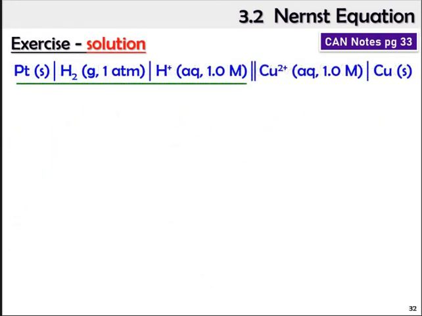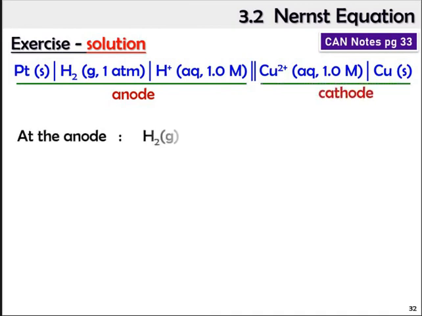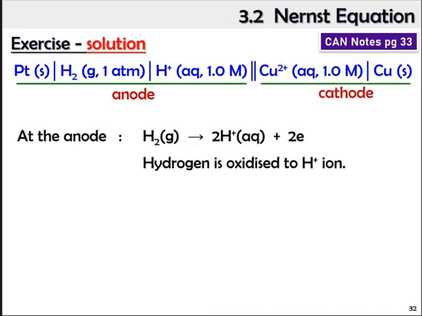So, from the cell notation given, kita tahu siapa anode, siapa cathode. And then, ini dia tanya what happen kan kalau kita discharge continuously. Kita buat equation dan kita nampak pada produk dia menghasilkan H+. So hydrogen is oxidized to H+ ion. Concentration of H+ ions increase. Maksudnya kita tahu dia increase sebab dia di bahagian produk.